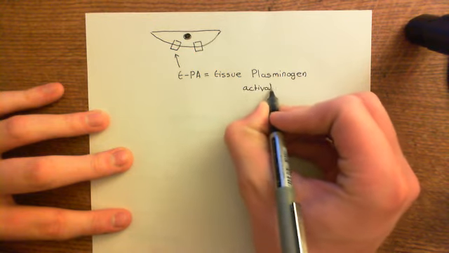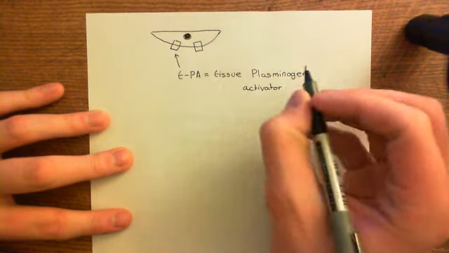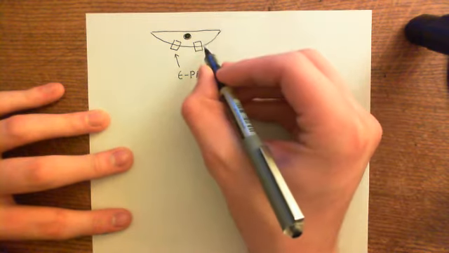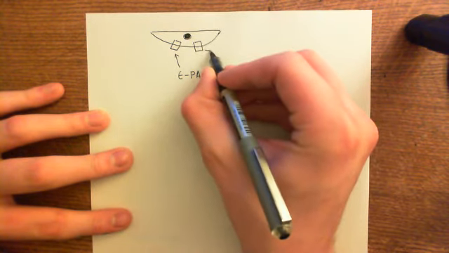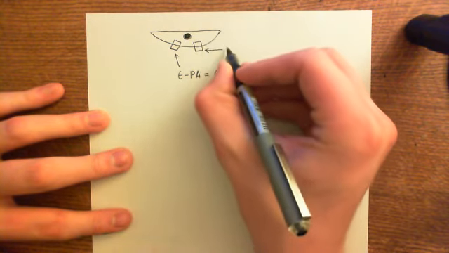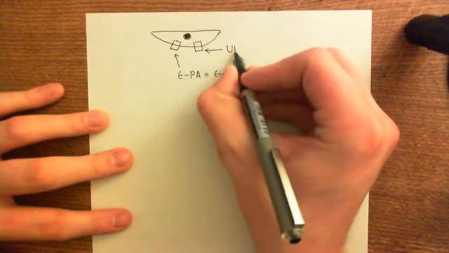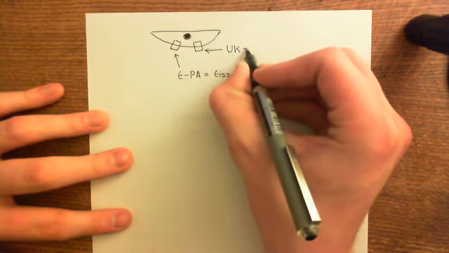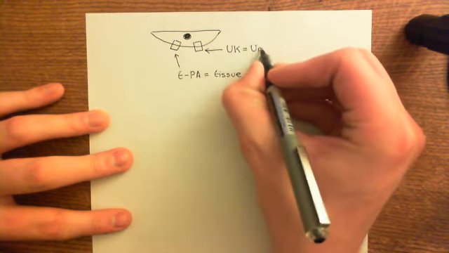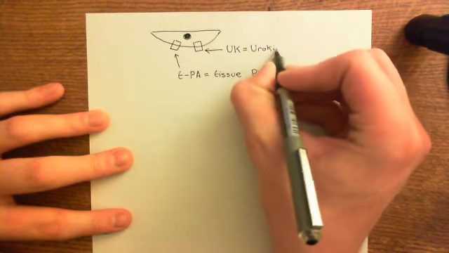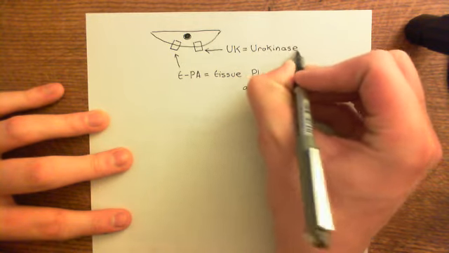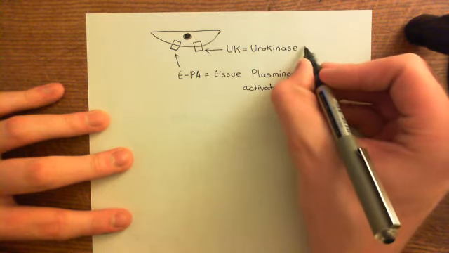So tissue plasminogen activator. Whereas this other one is going to do the same thing, so we might as well discuss its name first. This has got the name urokinase, and it's abbreviated to UK. It's also known as urokinase plasminogen activator.